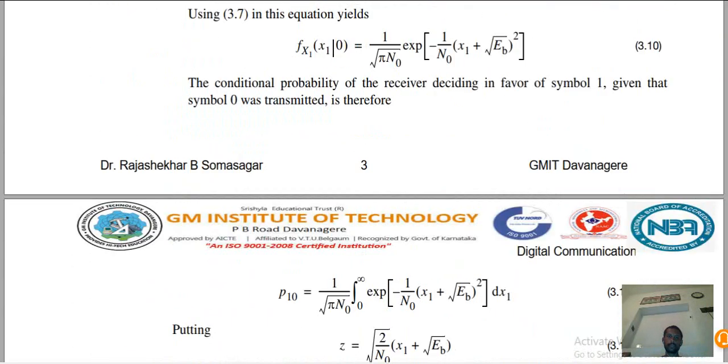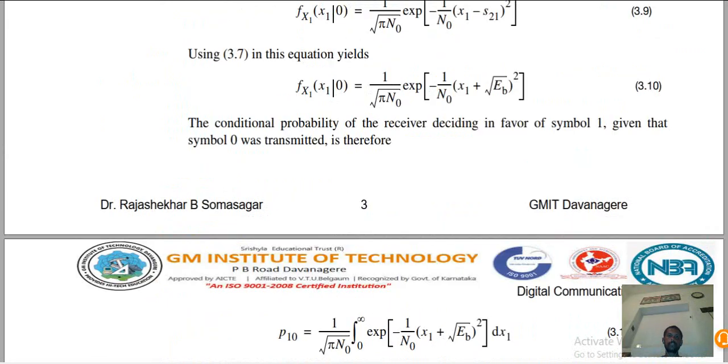With the help of that we will define the conditional probability in this equation: x1 minus square root of Eb, where minus square root of minus Eb becomes plus Eb, and that is equation number 3.1. It is just a substitution of the energy defined in equation number 3.7.